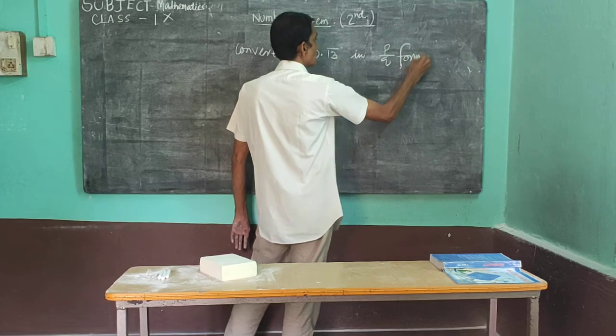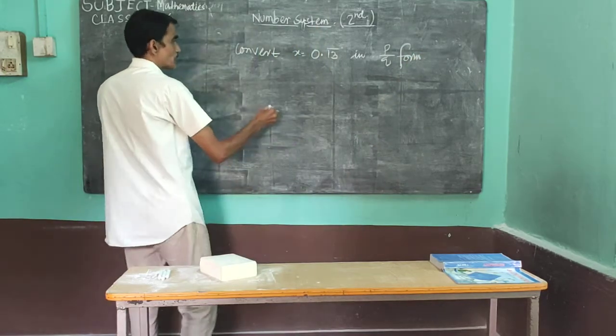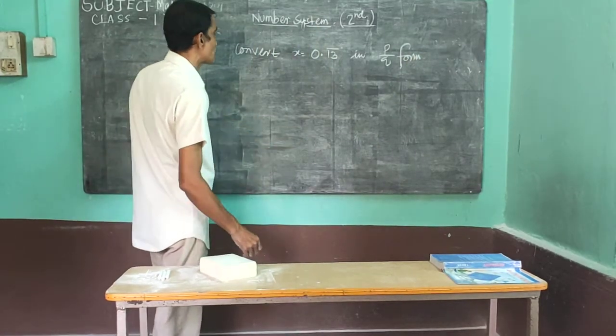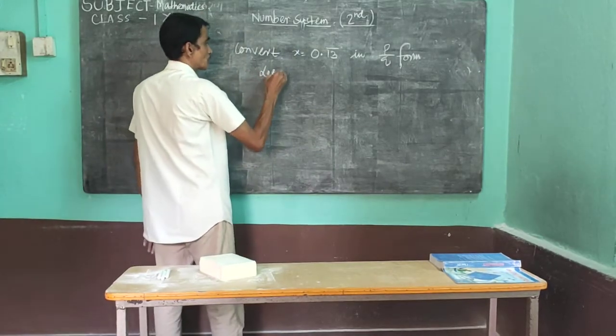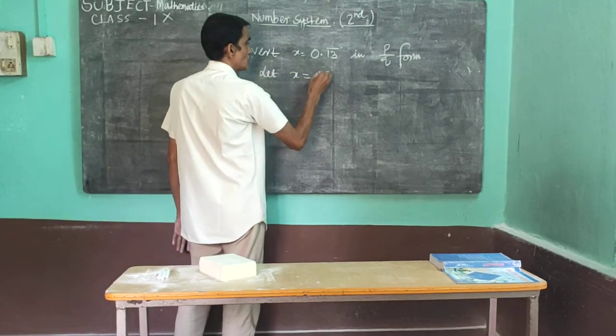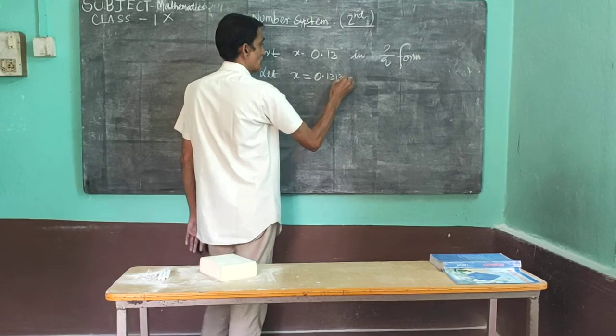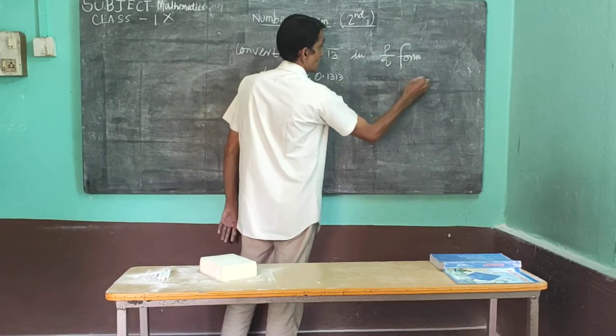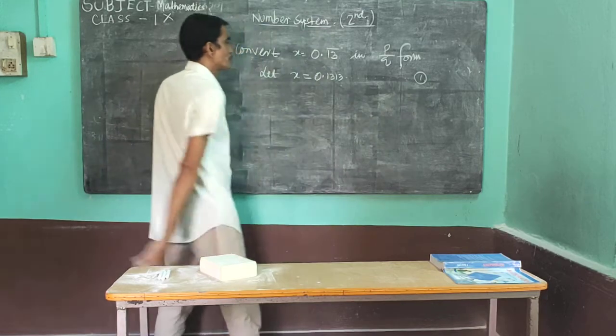Just follow my steps. Let x be equal to 0.1313..., that is equation number 1.